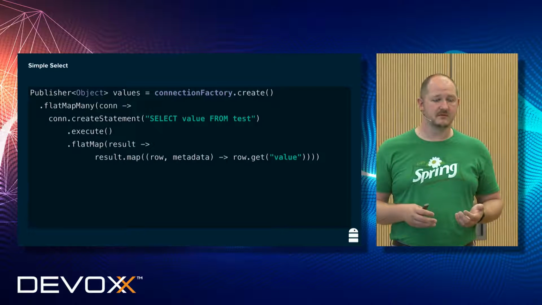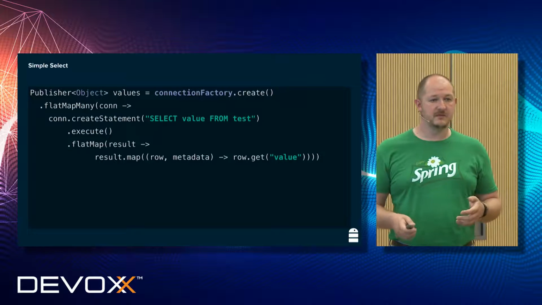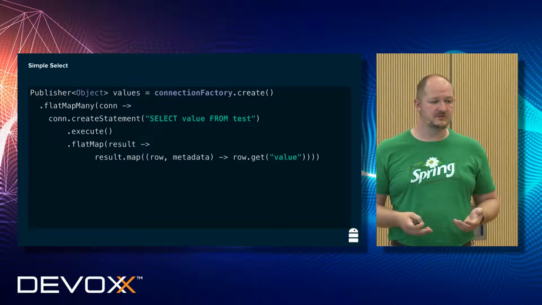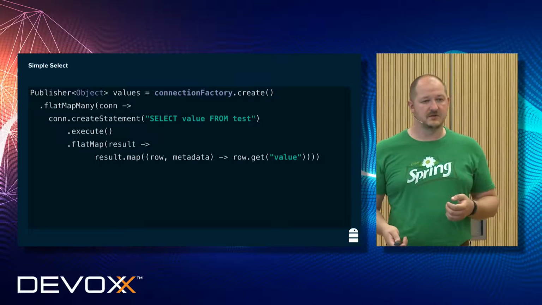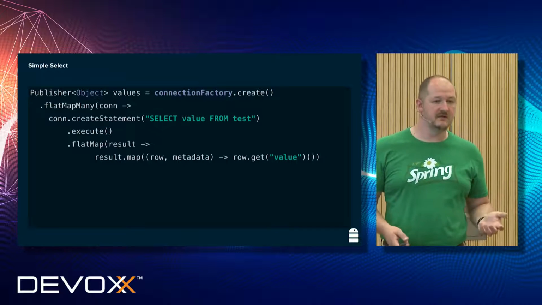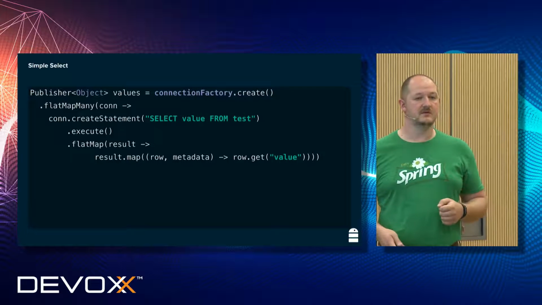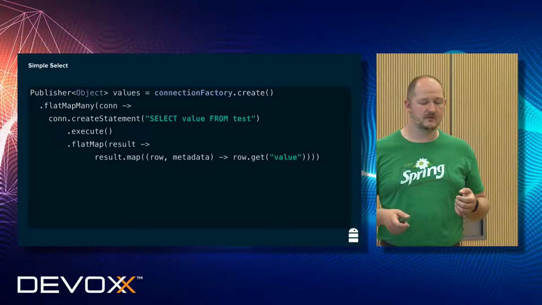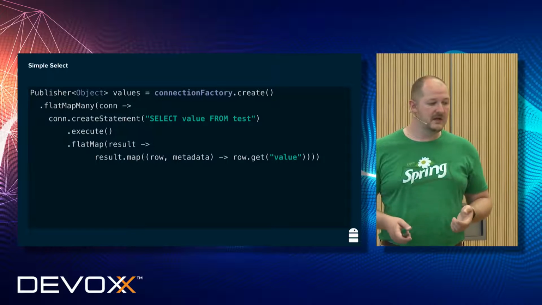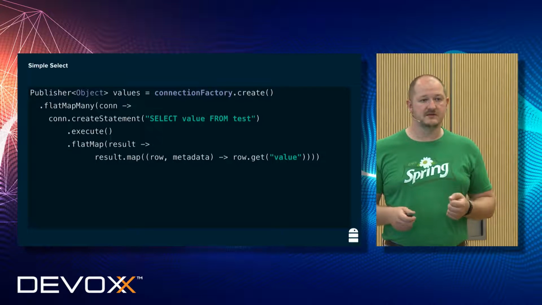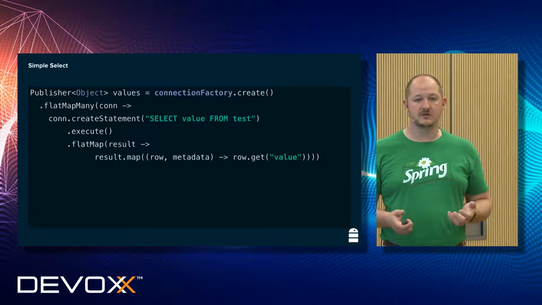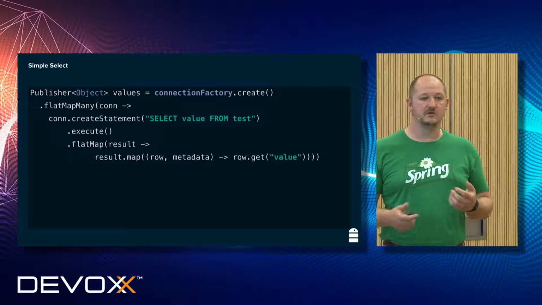And the result interface itself has a map method that accepts a function handed in with a row and a metadata. And since this is static SQL and we know that we are selecting value, we are putting also the get value method in here. And what we get in return is a publisher of object. Because again, this API is generic, and currently it does not know anything about types. And so everything here is like a getObject call in JDBC and returning your objects.